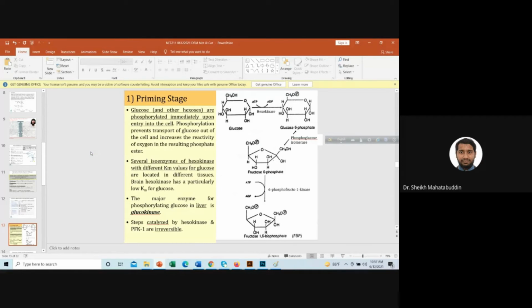And now another enzyme is known as phosphofructokinase 1, which we basically write as PFK1.